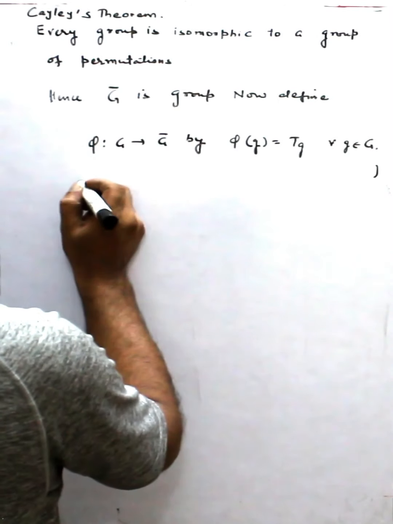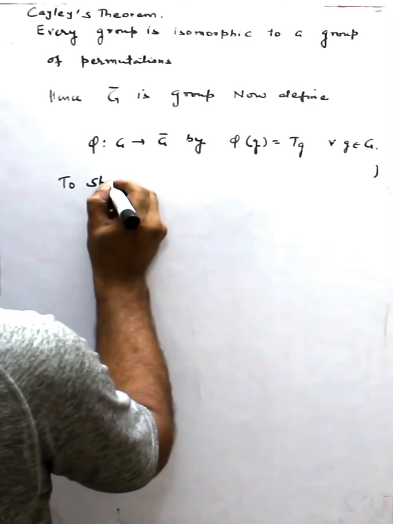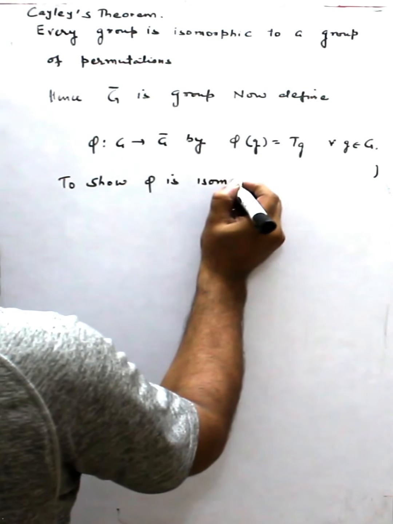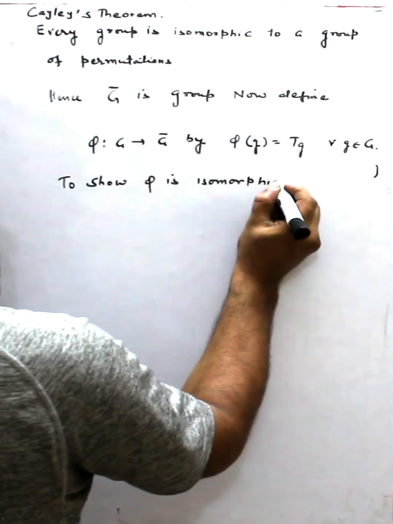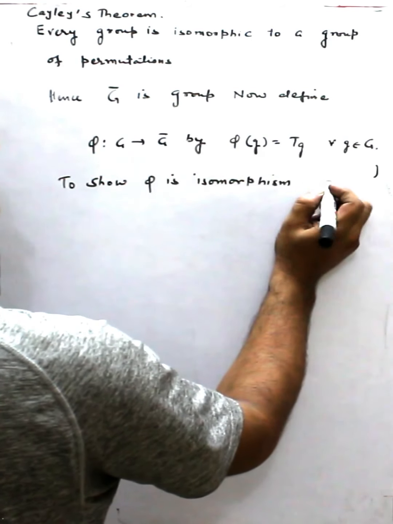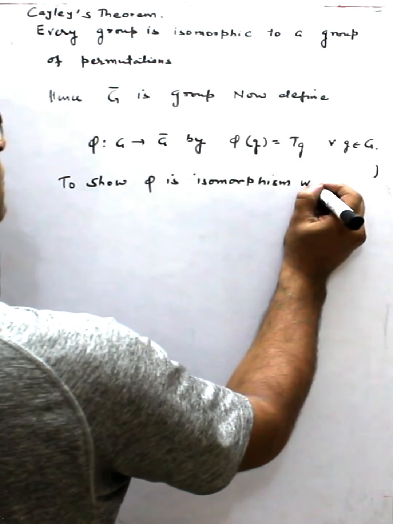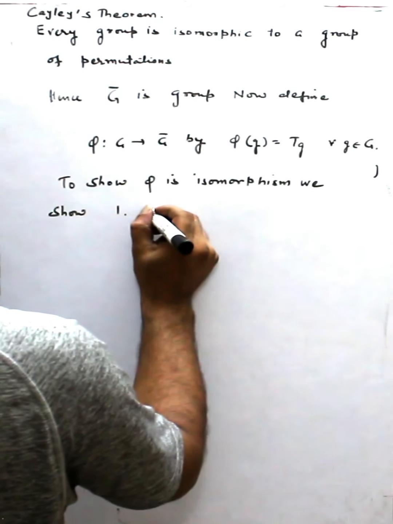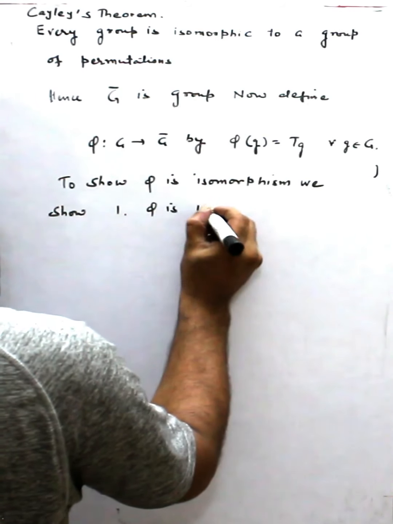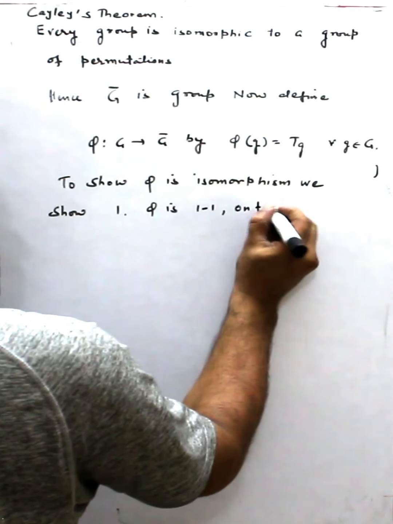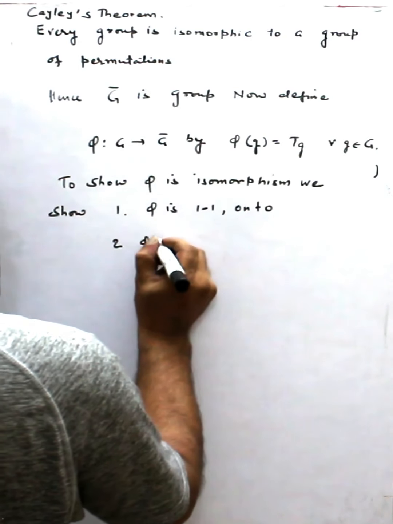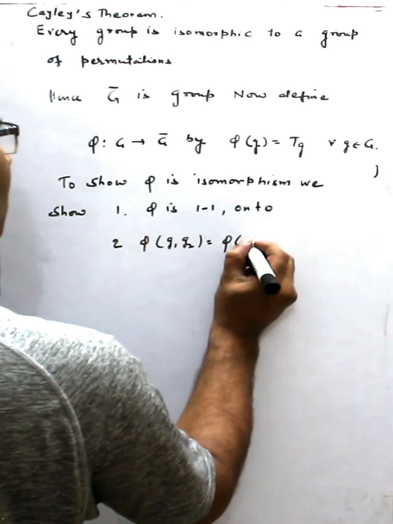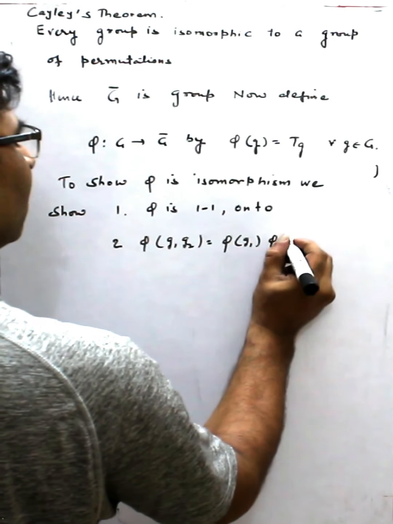So to show phi is an isomorphism, we show first, phi is one-one onto, and second, phi of g1 g2 is equal to phi g1 phi g2.